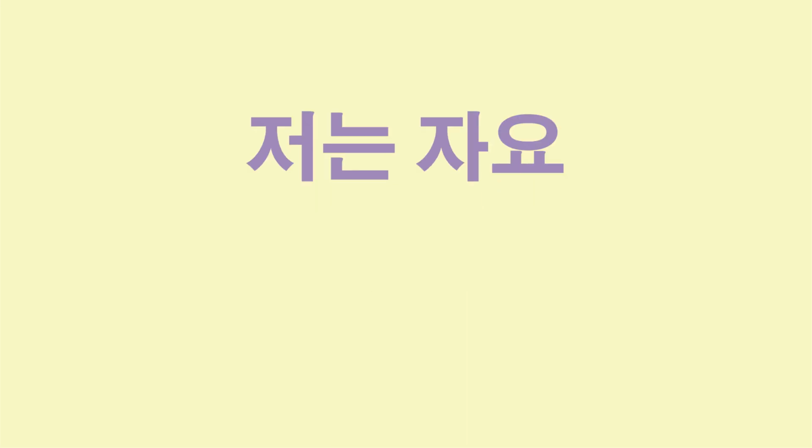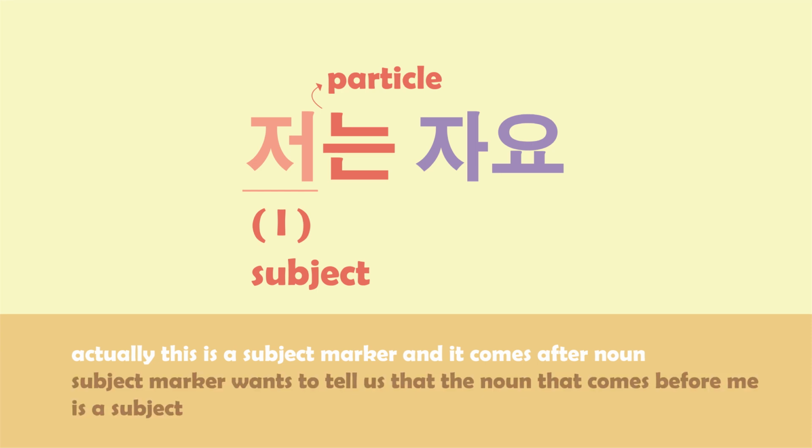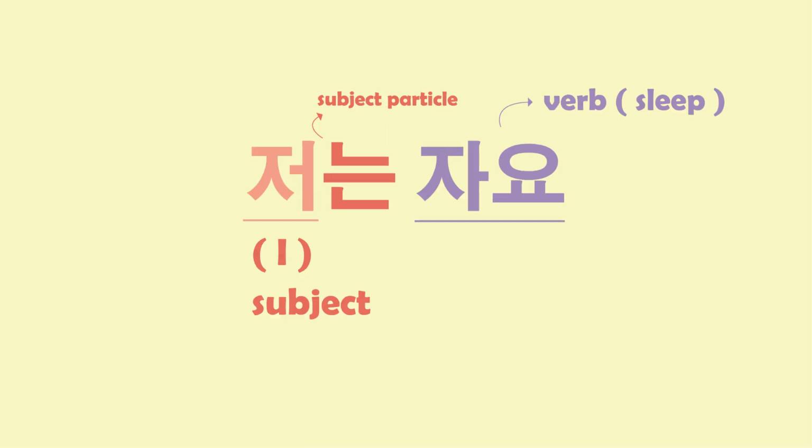In this sentence, 저 means I, and I is the subject of the sentence. 는 is a particle. Actually, this is a subject marker, and it comes after a noun. A subject marker tells us that the noun that comes before it is the subject. 자요 is the verb of the sentence.